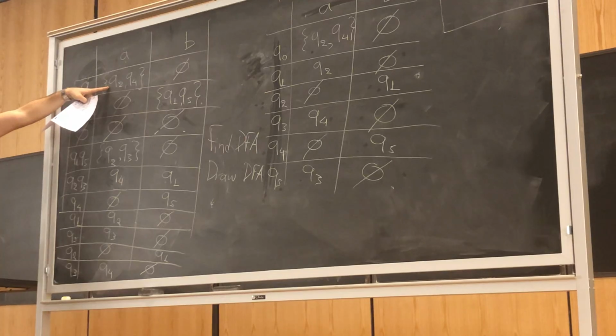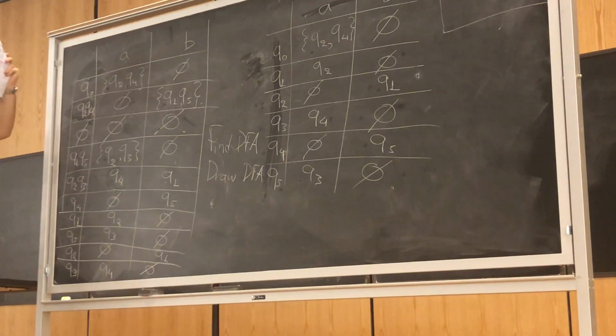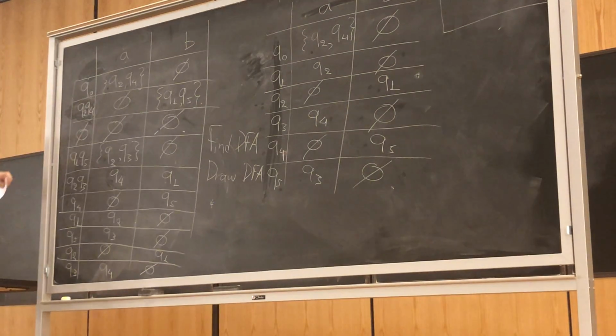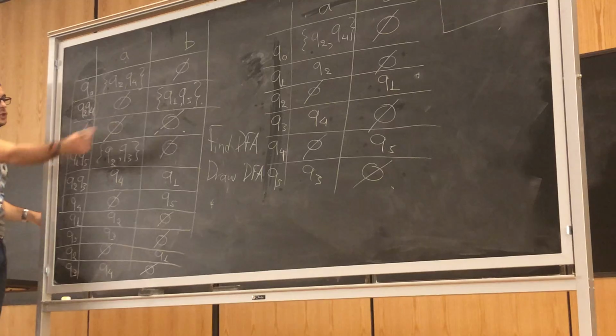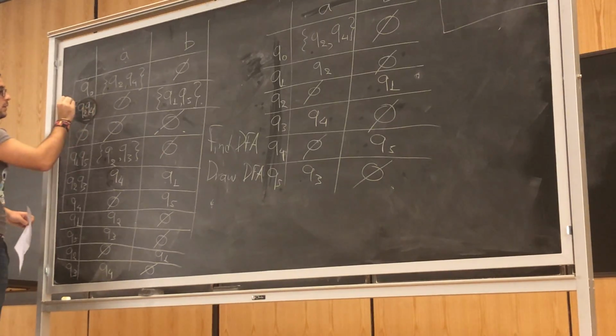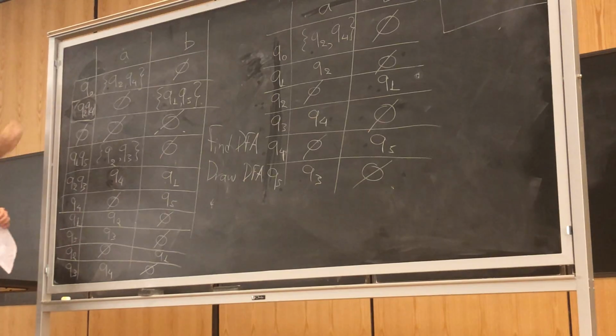You look at the NFA. Whatever acceptance state the NFA has, Q1 and Q3, wherever you see that in here, it should be an acceptance state. So I will draw circles around the states that are acceptance states.